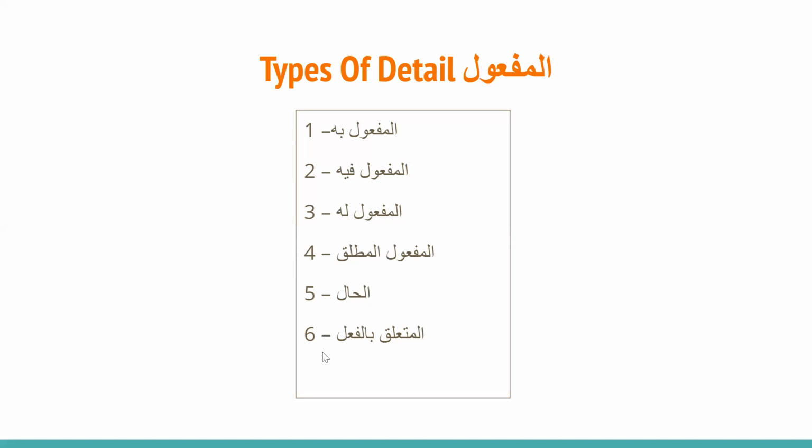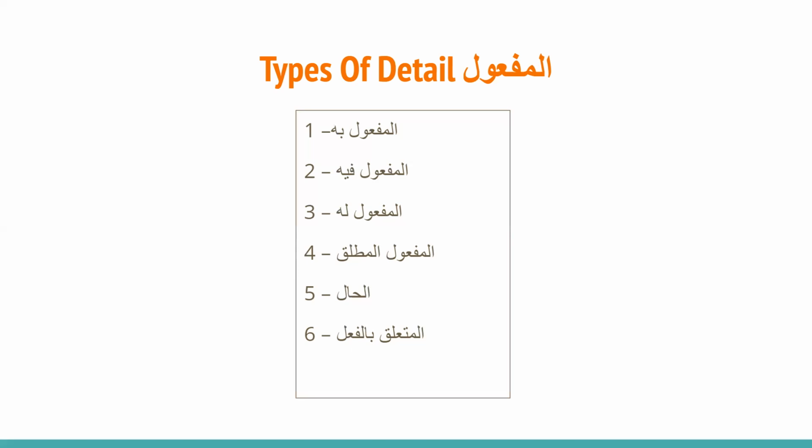And then the 6th one is muta'alliq bil fil. If you can recall muta'alliq bil khabar. Muta'alliq bil khabar is what? A harf jar and ism majroor combination, or a special mudaf of place and time, and mudaf ilayh.